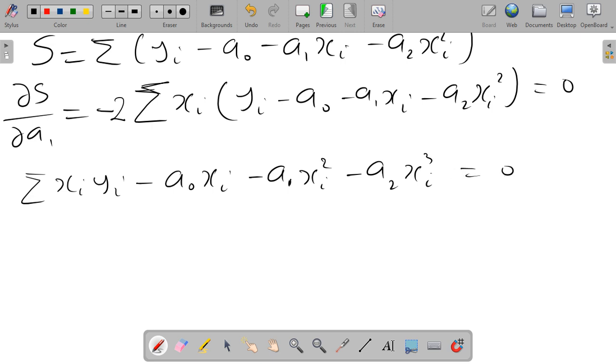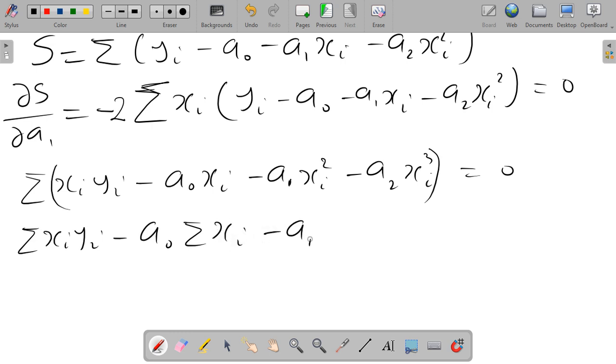So share the summation for them. I'm going to have that this is now the summation of xiyi. Don't forget there should be a bracket here. So minus a0 the summation of xi minus a1 the summation of xi squared minus a2 the summation of xi cube is equal to 0. So everybody that does not have y should move to the other side.